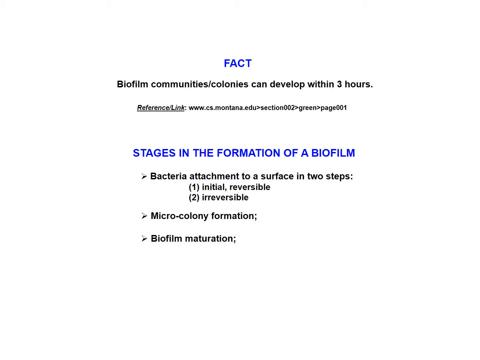This step is referred to as biofilm maturation. And last but not least, they have the capability on their own to detach from where they started the first colony, disperse, go somewhere else, another part of the implant, another part of the human body, and start forming a new colony and grow again.